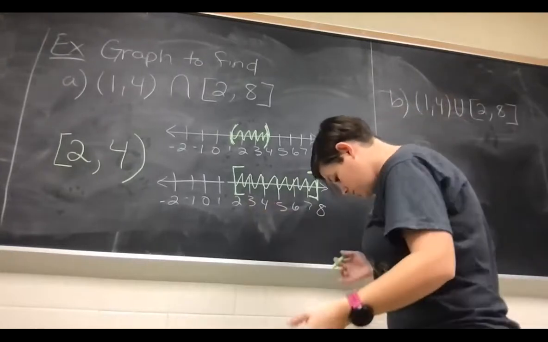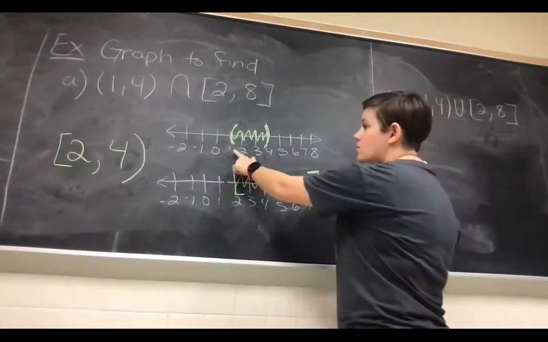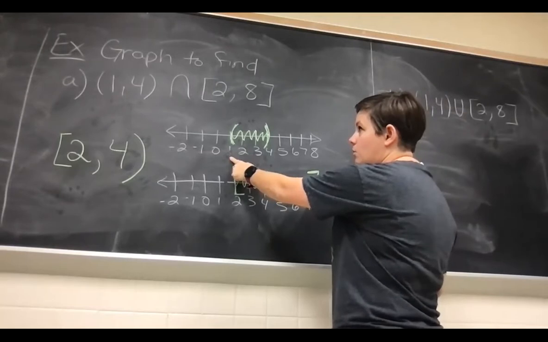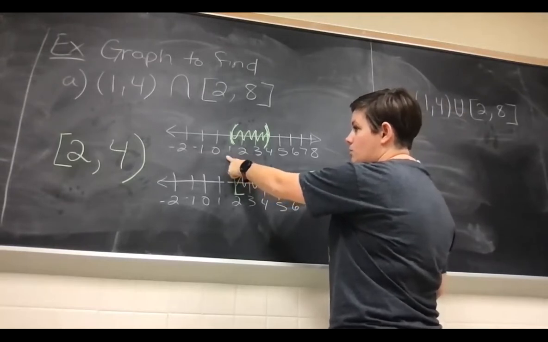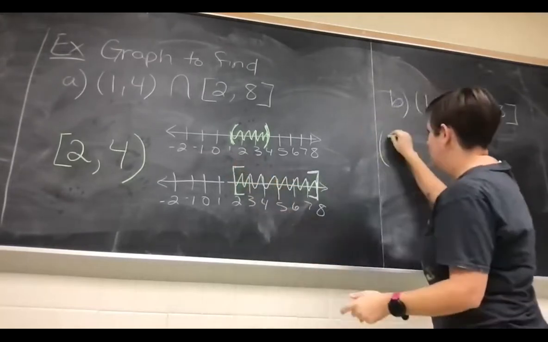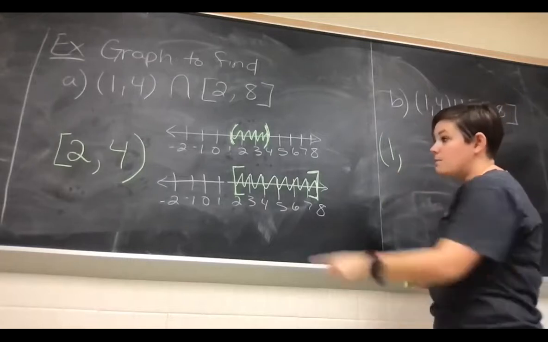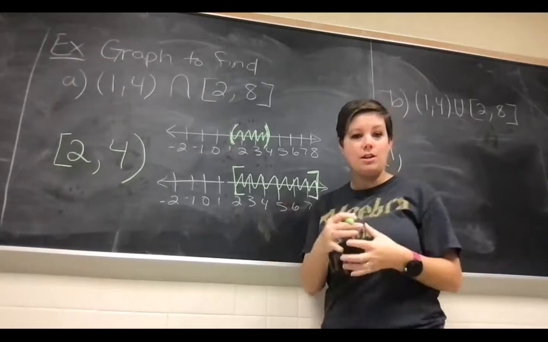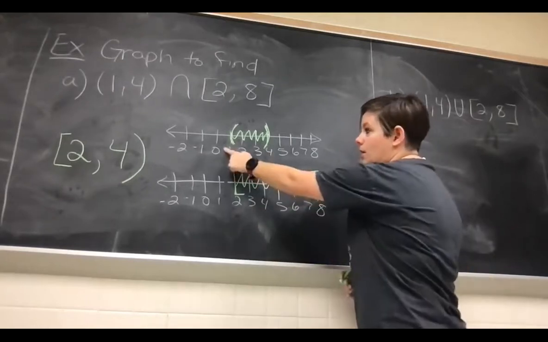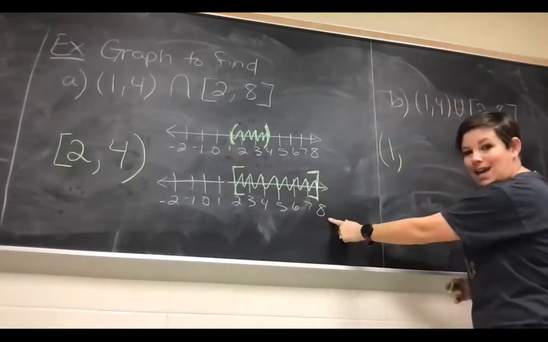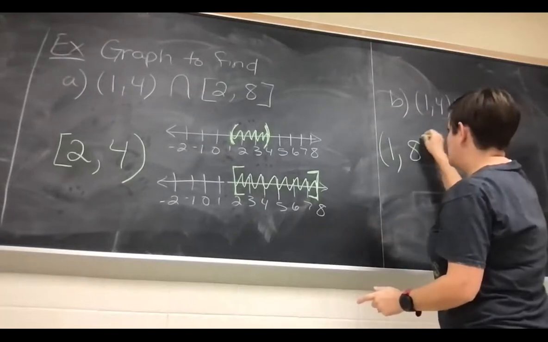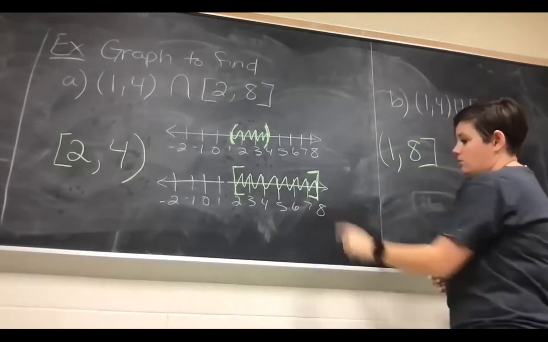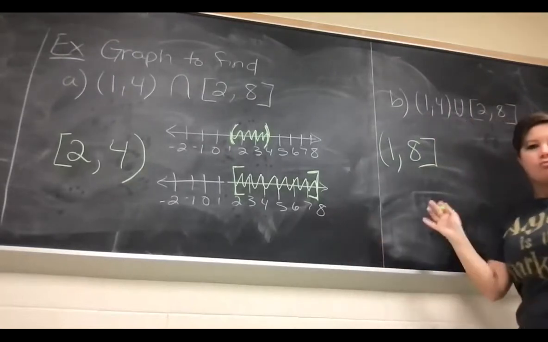The smallest element was from set A, this first one, which was 1. It doesn't matter that 1 wasn't an element down here, because you're unioning the two sets. So we have 1, and then we go all the way to 8. And 8 is included because 8 is included down there. That's all you do.